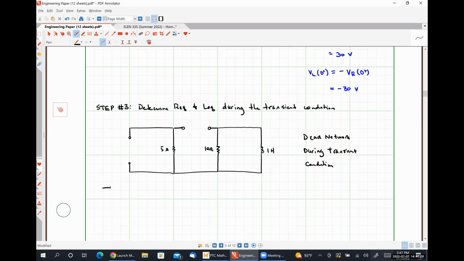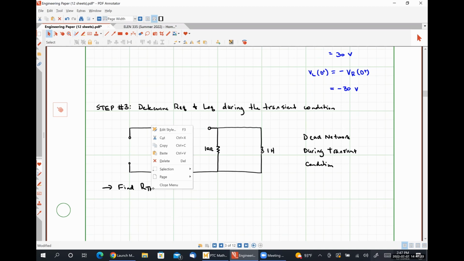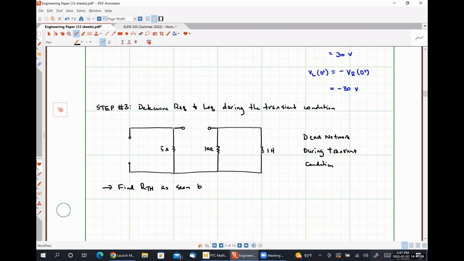Now, find REQ, or R Thevenin, I guess would be a better way to put this. Find R Thevenin as seen by the inductor.